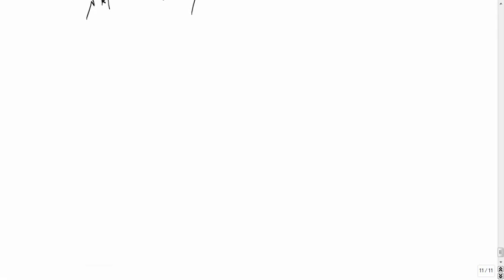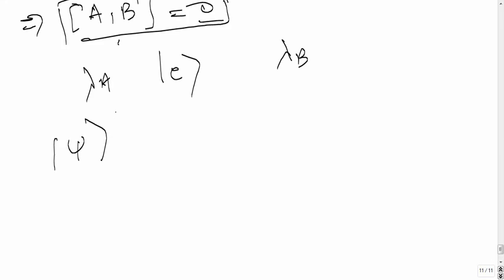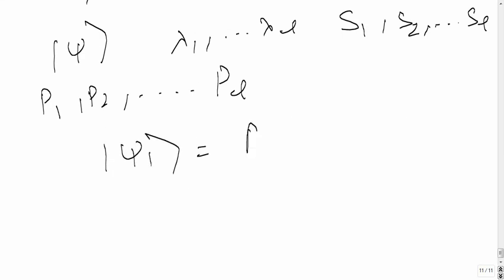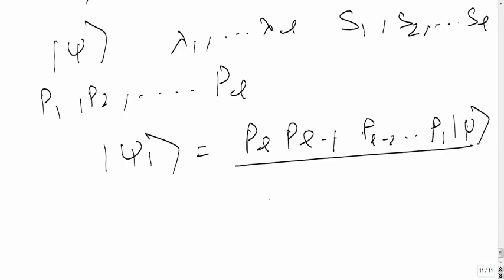It says that if the state immediately before the measurement is psi, and the results of the measurements are the eigenvalues lambda_1 up to lambda_L of the observables, let's say S_1, S_2 up to S_L, with projectors corresponding to each eigenvalue P_1, P_2 up to P_L respectively, then the state after measurement would be given by P_L P_(L-1) up to P_1 operating on psi, divided by the norm of this state.